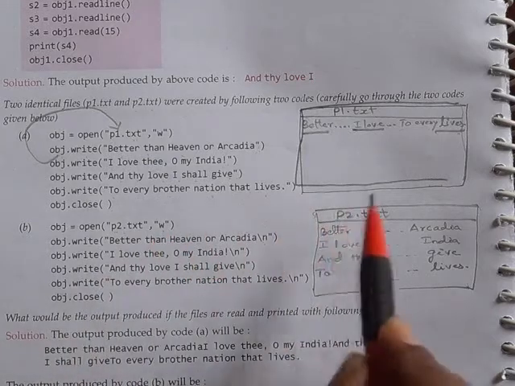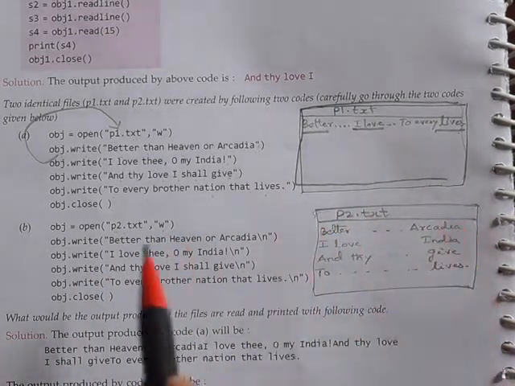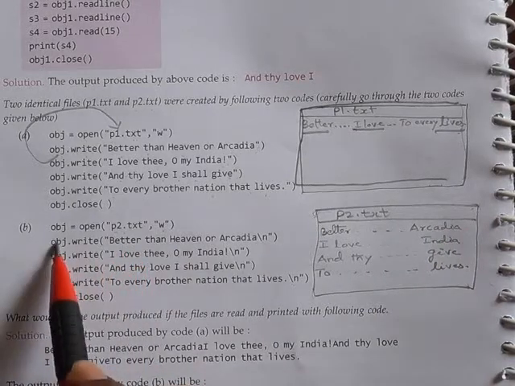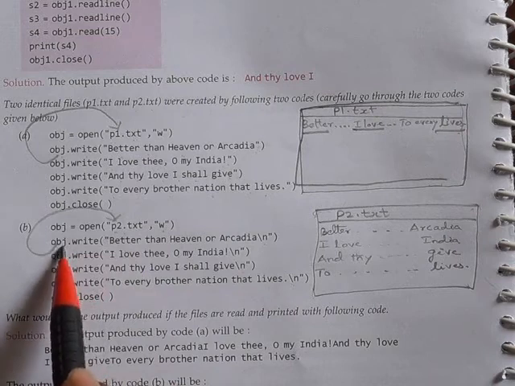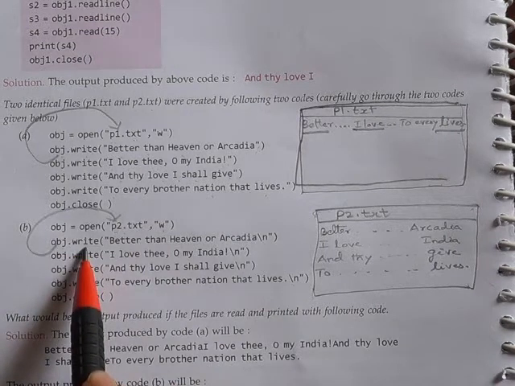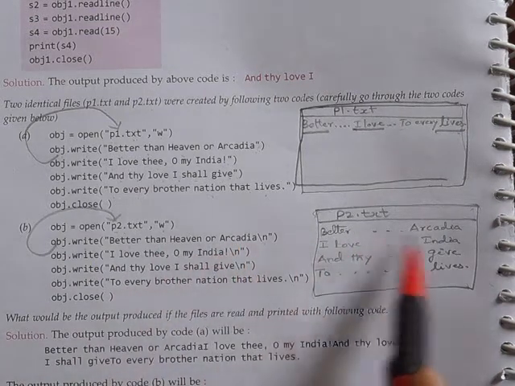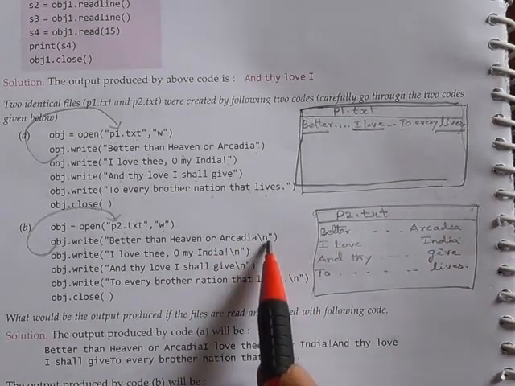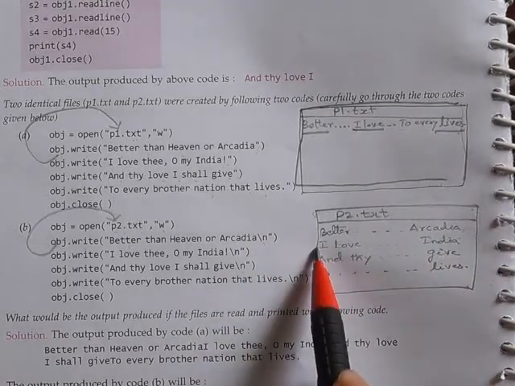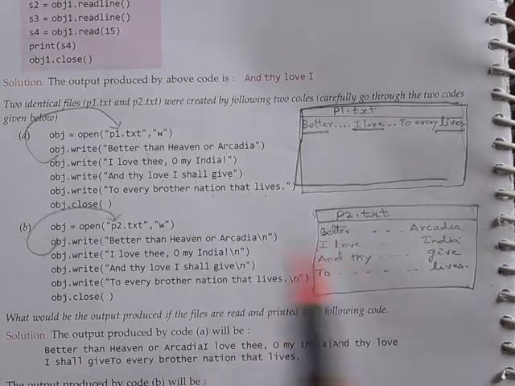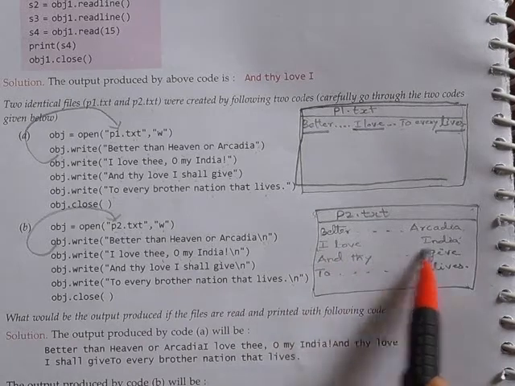Whereas here, p2.txt means now only p2.txt will be opened. Then obj means p2.txt. So in p2.txt we are going to write something, what? Better than heaven or Arcadia will be written here. Then \n means the file pointer will be coming from here to here. Then I love thee, oh my India, that will be written here.